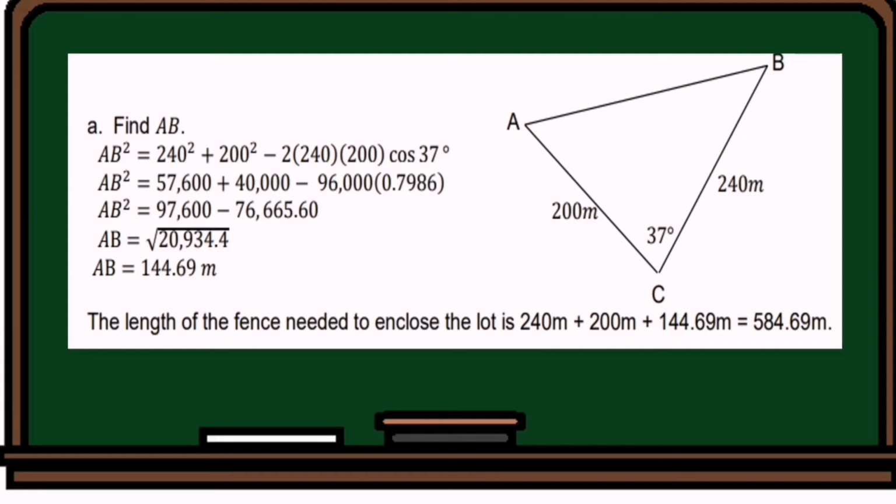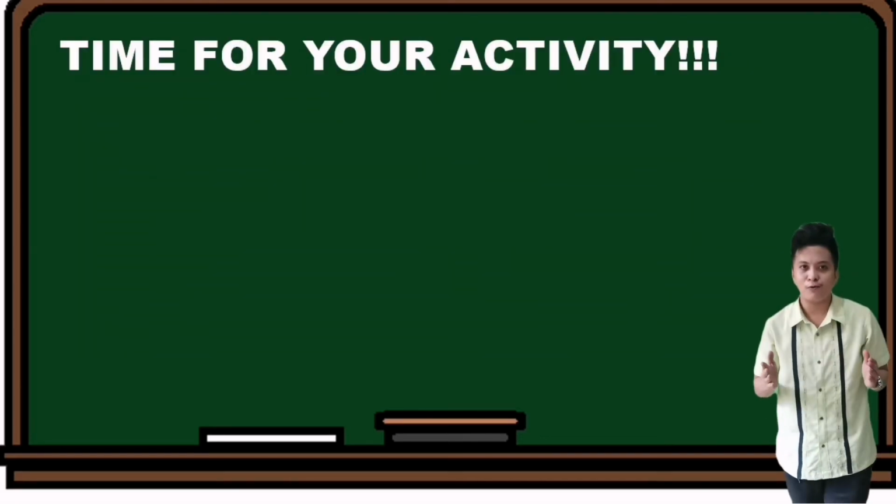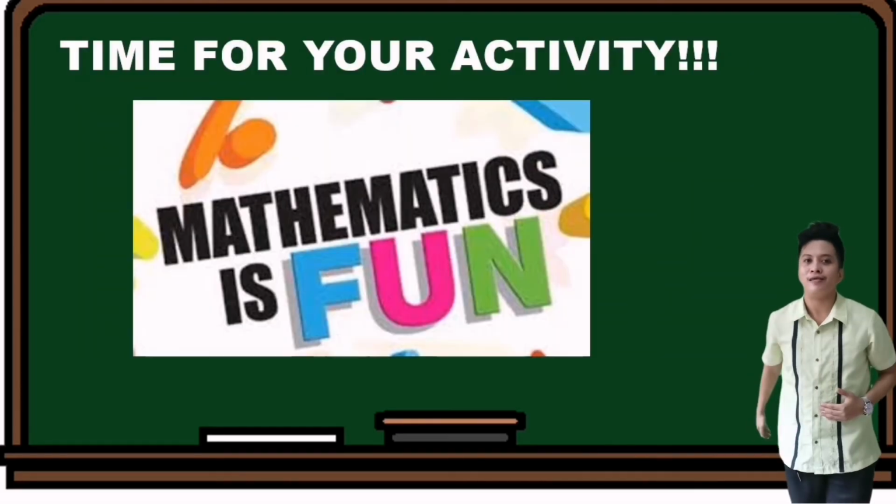Simplify it, and we will get 144.69 meters. The length of the fence needed to enclose the lot is 240 meters plus 200 meters plus 144.69 meters is equal to 584.69 meters.